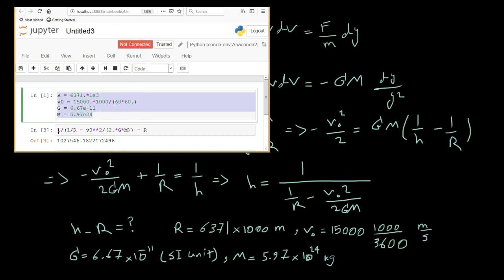Now this thing from here to here is the h minus r. So this number is basically h minus r, and the unit is SI, which is meters. So now in kilometers, these three you can neglect. It's 1027 kilometers, almost consistent with the 1030 kilometers that you expected.